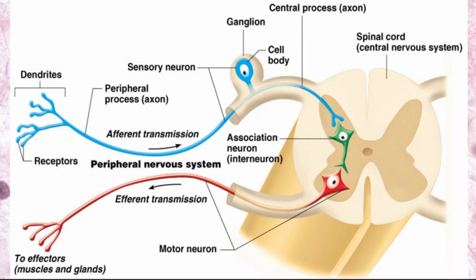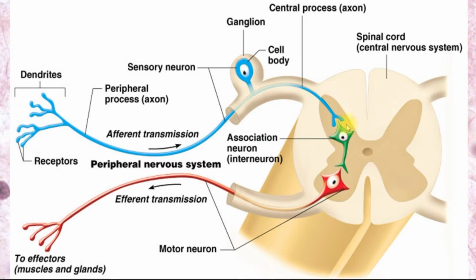For example, if you touch a cup with hot tea, you feel that it's hot, and your dendrites send information to the spinal ganglia, to the cell body of the sensory neuron. It provides processing of the information, and the axon of the cell brings information to the CNS. So it's a sensory neuron or afferent neuron.